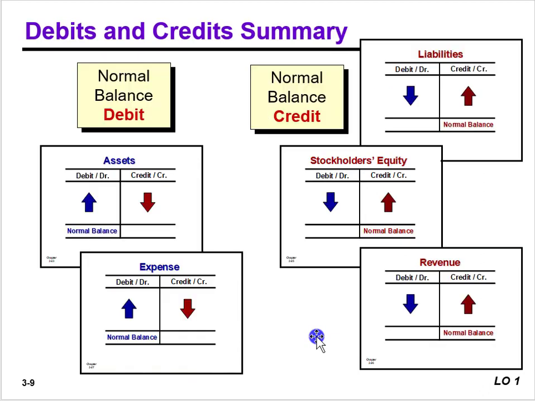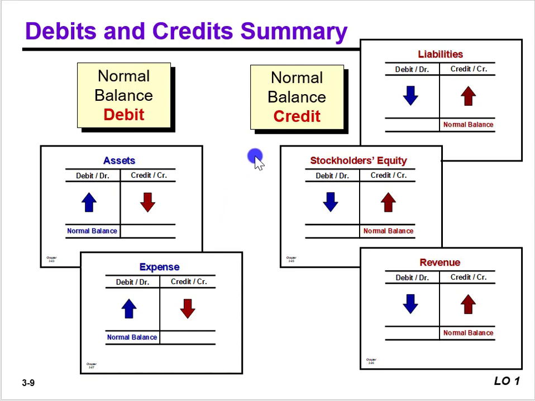And so, a debits and credits summary. You have 5 typical categories of accounts: assets, expenses, liabilities, stockholders' equity, and revenue accounts. And these accounts have what is called a natural balance or a normal balance. Your assets normally have a debit balance, as well as your expenses.